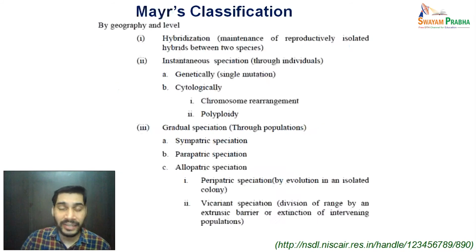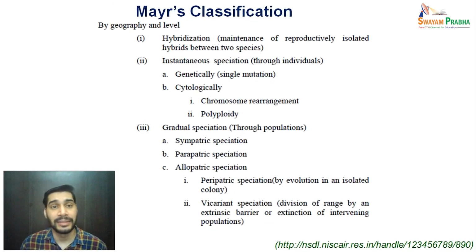The second classification system classifies according to geography and level, and it was given by Myers. The first category in that is hybridization, that is maintenance of reproductively isolated hybrids between the two species. The second category is instantaneous speciation, which occurs through individuals, and they occur genetically or cytologically.